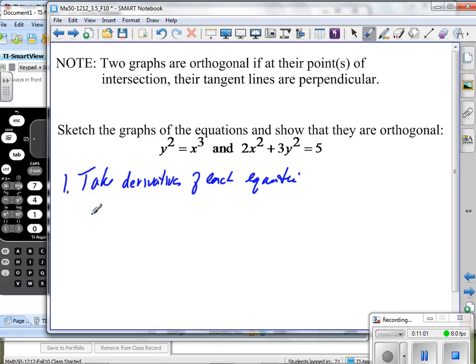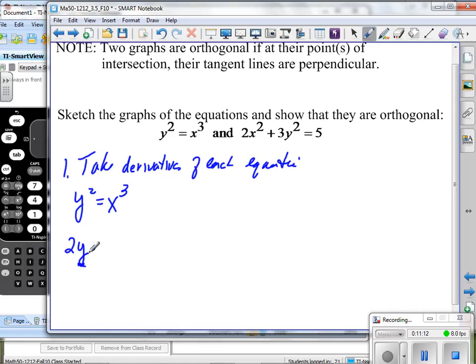Well, let's do that. This is a good problem. So let's say take the derivative. Let's start with y squared equals x cubed. We would have 2y, I'm starting with this one. Now I should probably do it right.